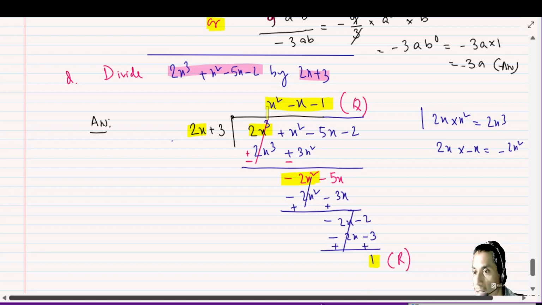This is the simplest way to do the division. Okay, if you follow these steps in a very clean way, then automatically you get the correct answer. And what kind of things must you follow?